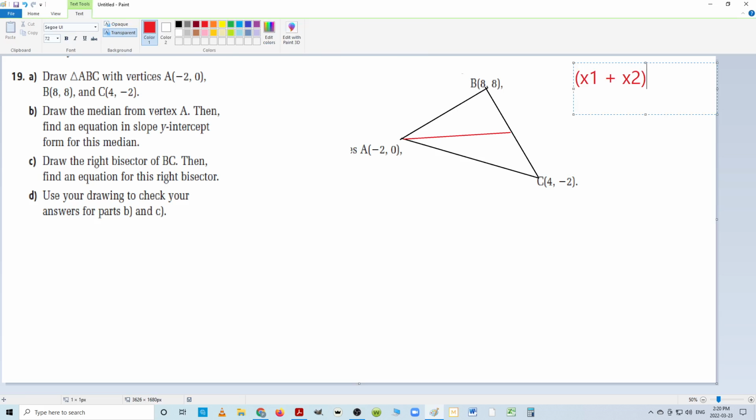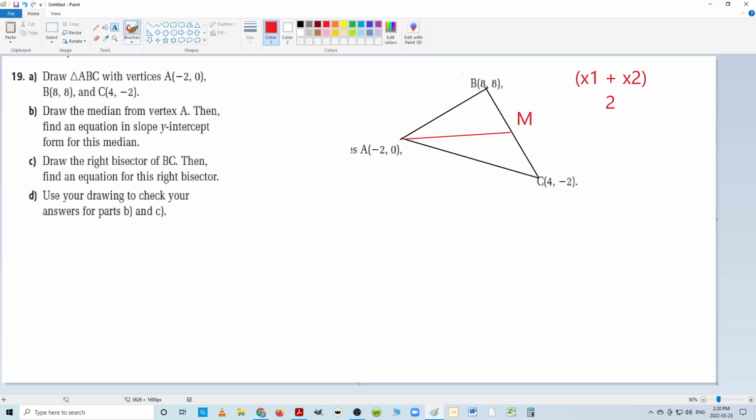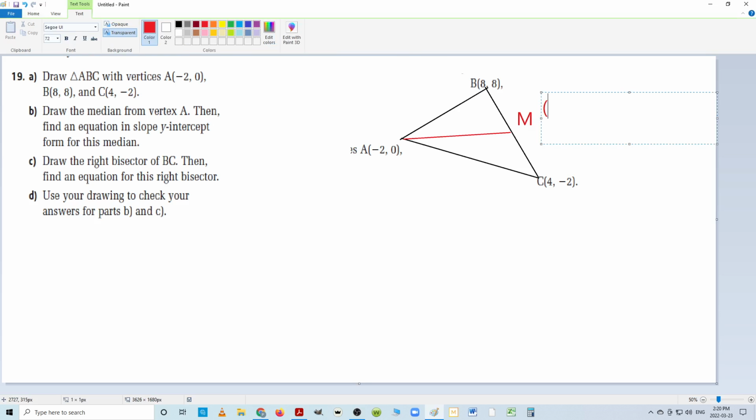So we have to take x1 plus x2 and divide it by 2. And this is the midpoint we're looking for on the other side. Well, the x1 is 8. The x2 is 4. So 8 plus 4 is 12. 12 divided by 2 is 6. So we know that the x value of this midpoint so far is 6.